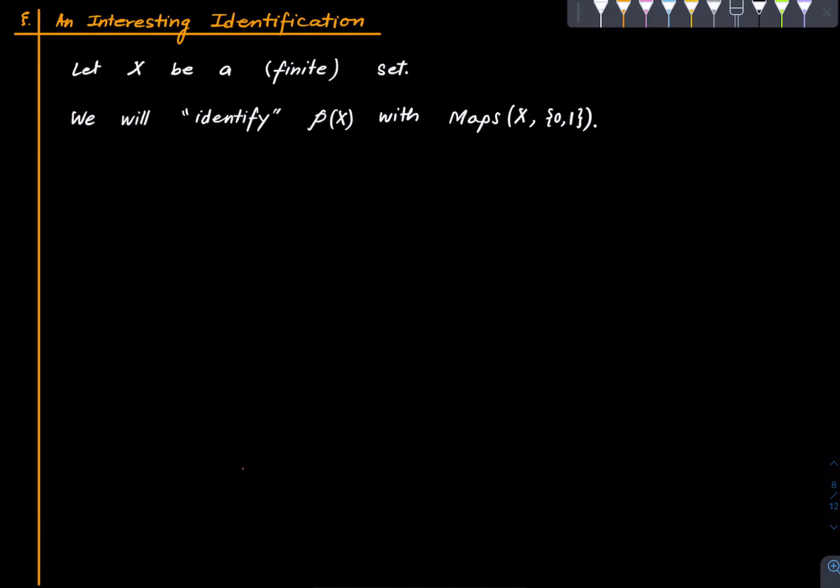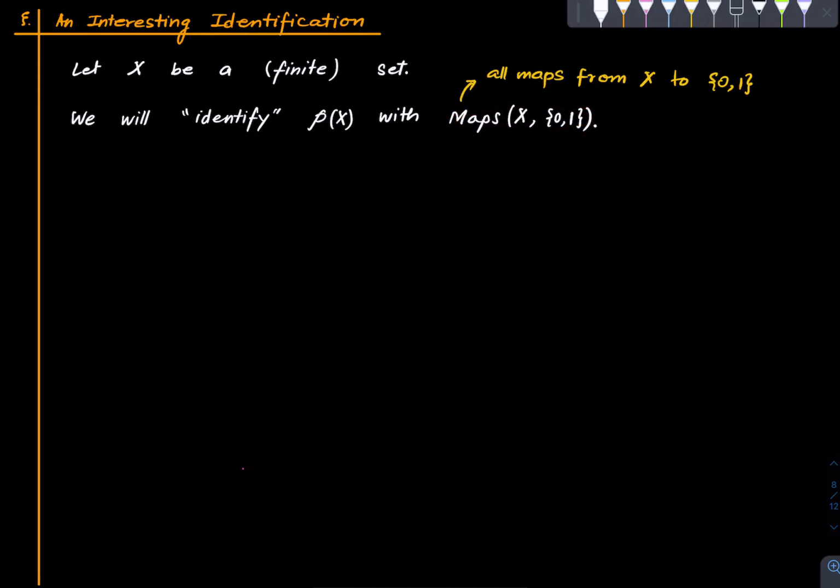So let's make a very interesting bijection between the power set of a set and this set. What is this set? This is the set of all the maps from X to this 2-element set. So let me write that down. That's the definition of this thing. And what is the identification?